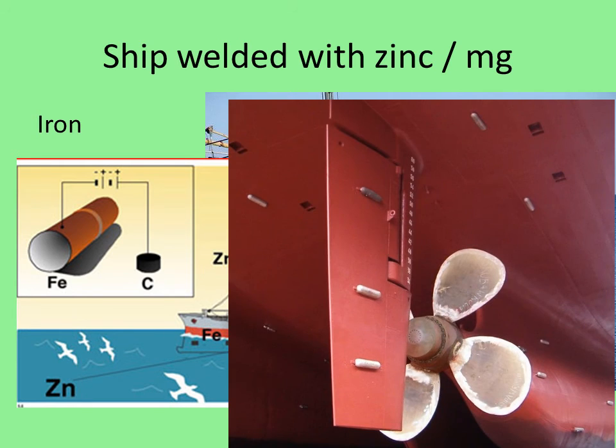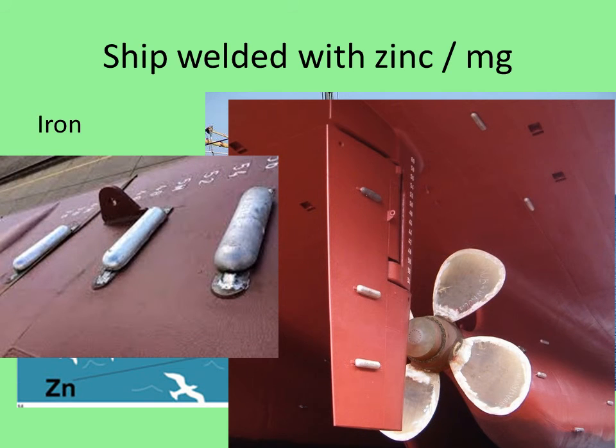So how is it welded? The reaction occurs, so water and oxygen will rust the iron body, but zinc and magnesium, they are more reactive, so they will be oxidized instead of iron. So these are the pictures.